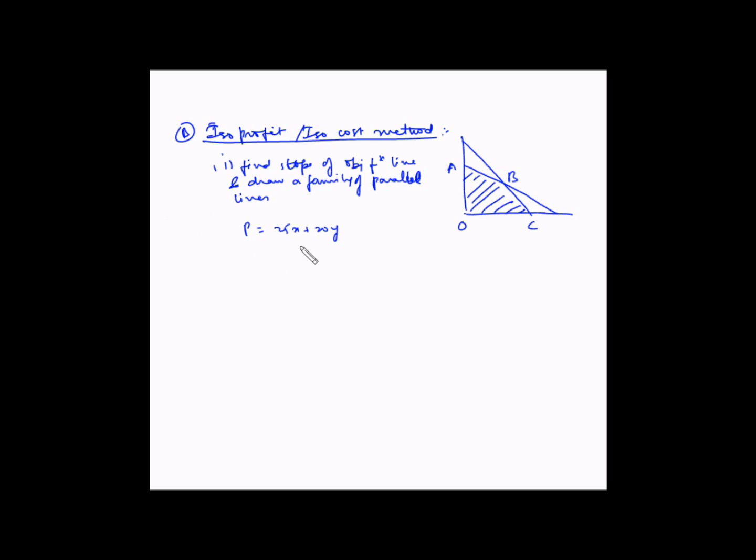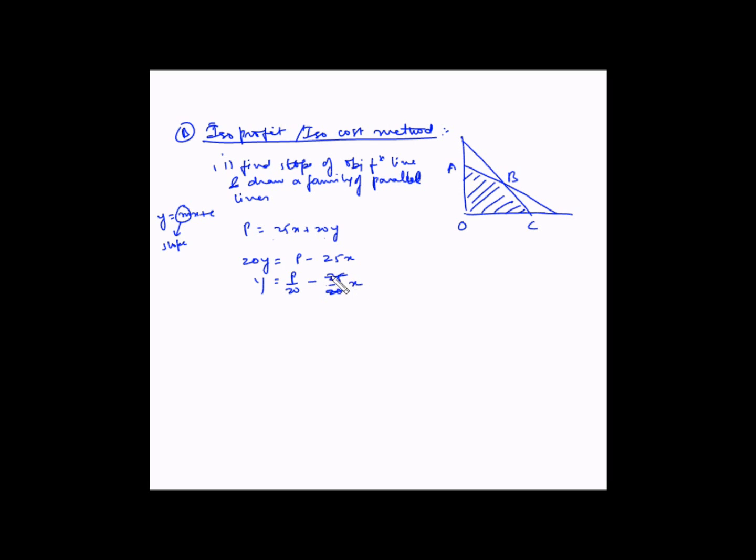Now we know that for a standard line, the equation is y is equal to mx plus c, where m is the slope. So let's convert this equation into this format. So let's bring y on one side and everything else on the other side. So 20y is equal to p minus 25x. Let's bring 20 on the other side. So y is equal to p by 20 minus 25 by 20x.